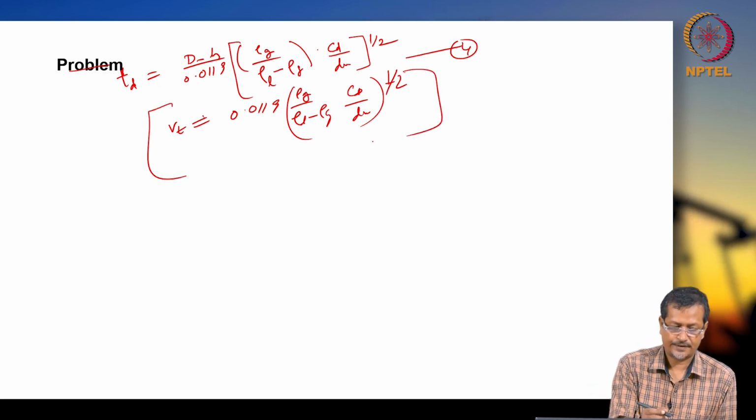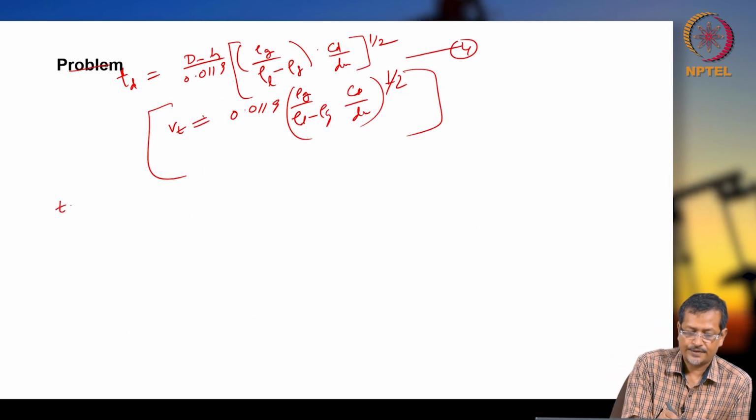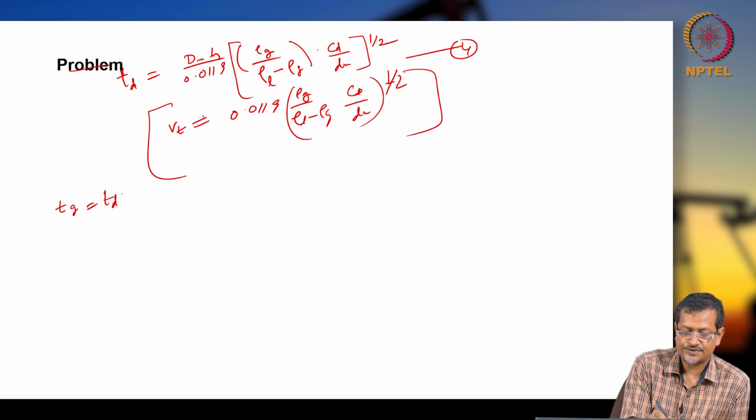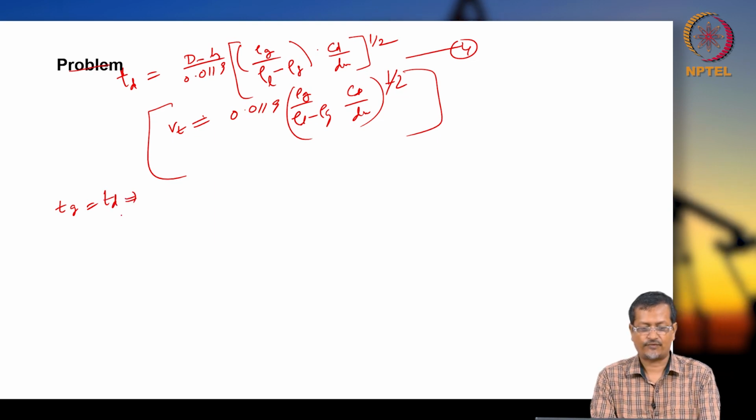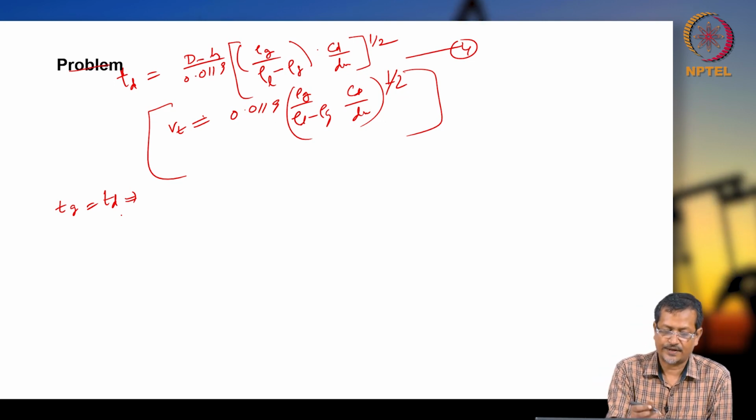Now Tg equals Td. So the residence time of gas and the falling time of liquid will be the same, we are assuming, for ideal conditions.